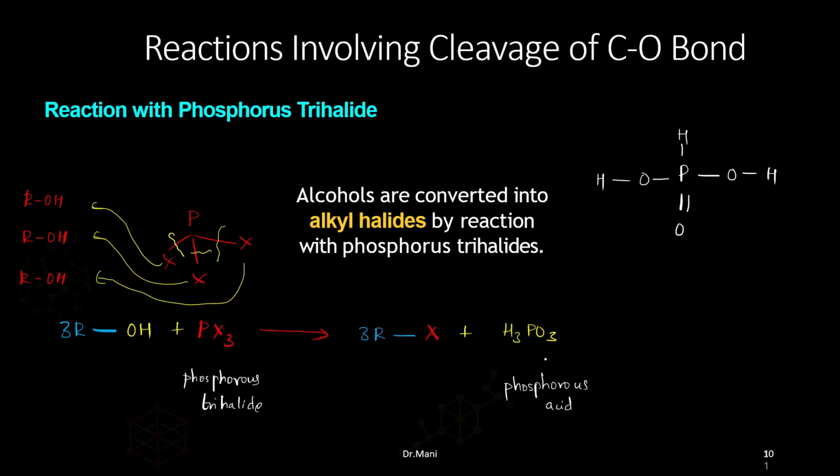You can write this example: 3C2H5OH, when you react with PCl3, it will give 3C2H5Cl plus H3PO3.